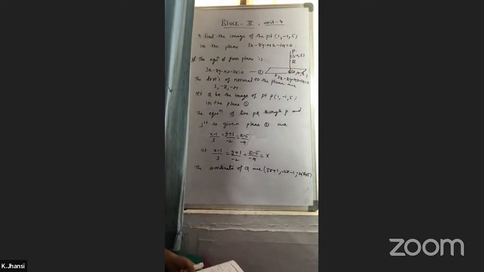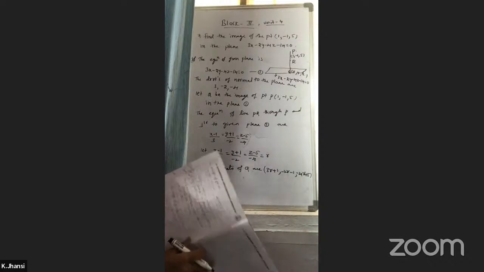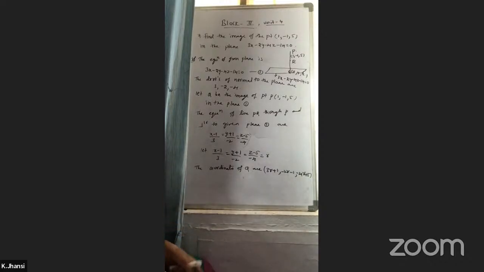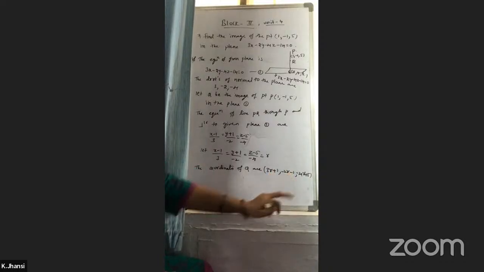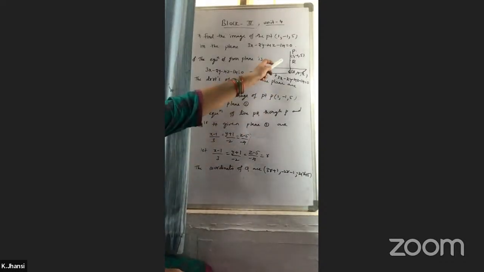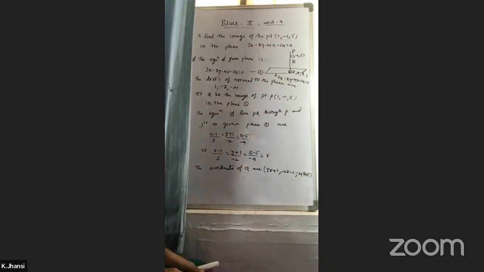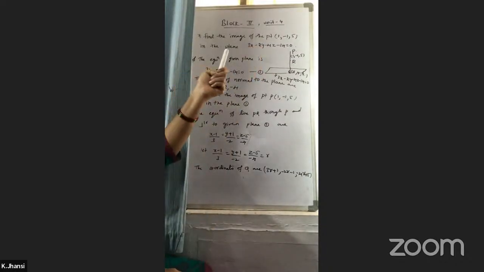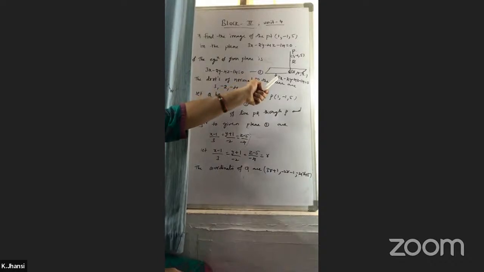So we know the coordinates of P and we know the coordinates of R. So we have to find the point, that is the Q point. That means we have to know the r value here. If you know the r value, then we will know the coordinates of Q. So here we are taking one point R as the midpoint of P and Q. We know P is there, Q is there.